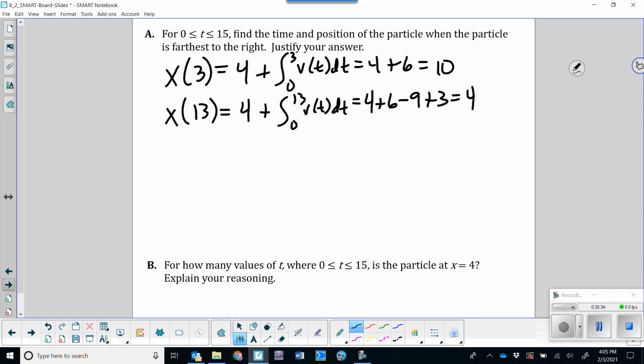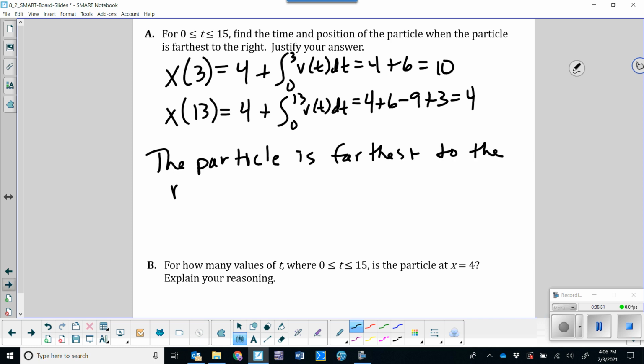So therefore, the particle is farthest to the right at t equals 3 seconds. Okay, so that's kind of what you're just thinking about. All right.